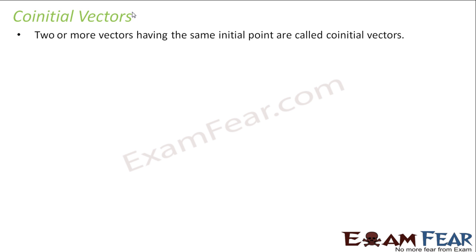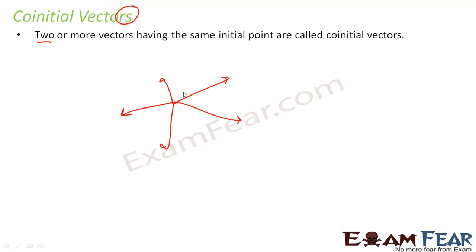Coinitial vectors. Please note, it is vectors now, not vector. Why? Because when we say coinitial vectors, two or more vectors having the same initial point are called coinitial vectors. For example, let's suppose I have 5 vectors: vector A, vector B, vector C, vector D and vector E. All these vectors start from this point, so they are all coinitial vectors.